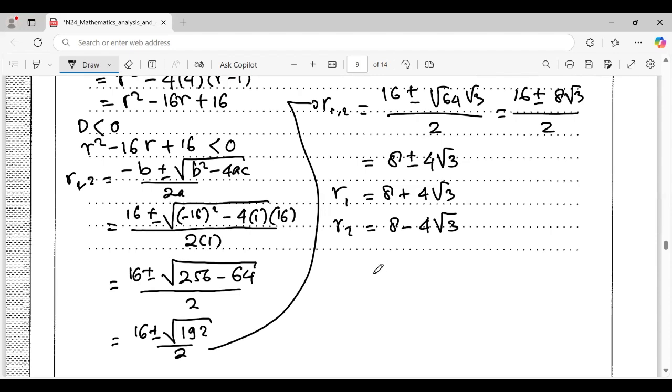Now we are going to find the interval for r, because this is an inequality.